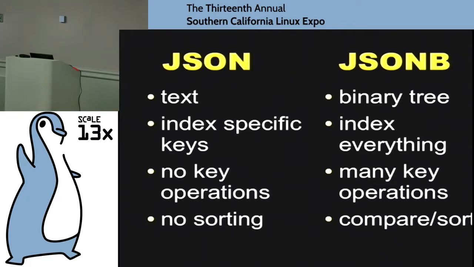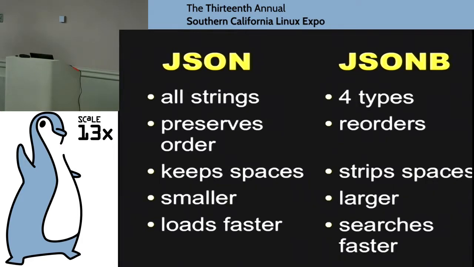Now, one of the things that we've done just to make life confusing for you is that we have retained the original text mode JSON type. And here's the reason that we did this. The JSONB type does a bunch of things that are different from the old JSON type. Mostly these things are considered by most people to be features.